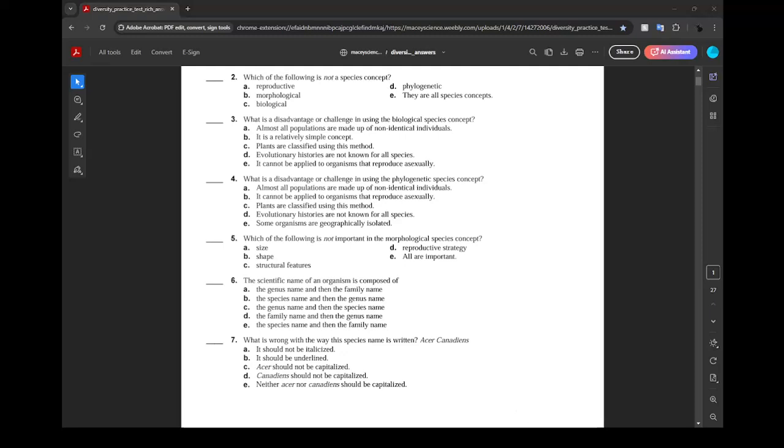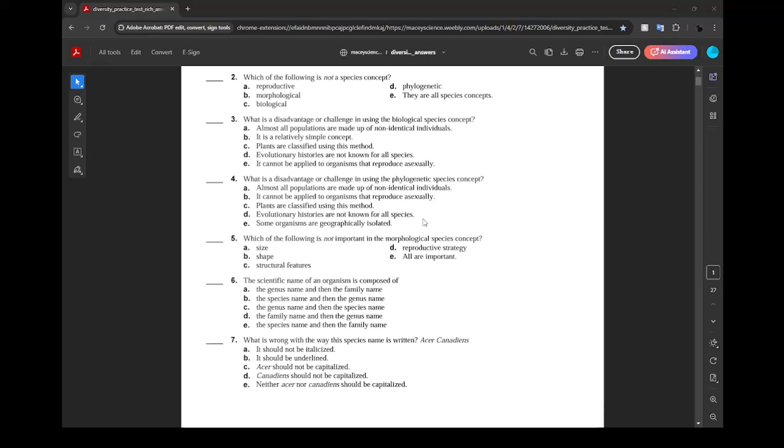You should try to do all of these questions first, and then if you have any questions, you can look over this. What is it? This phylogenetic. Okay, so almost all populations are made up of. Oh, so we're getting the same choices. Wow, that is really cool.